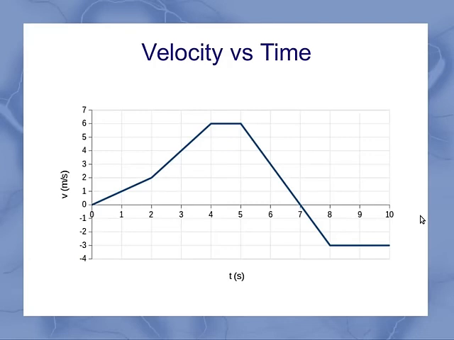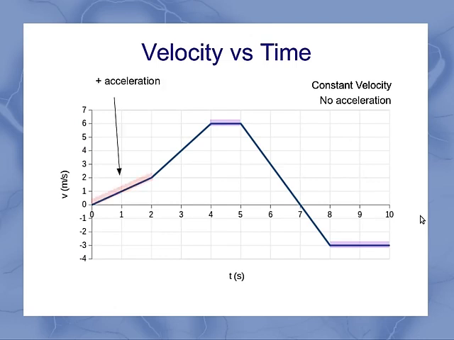The other things we can learn from our velocity versus time graph is what's happening during these particular segments. Now, in these flat segments, it's not constant position anymore. Now it's constant velocity. And that means I've got no acceleration during those time periods. If I've got a positive acceleration, that's a section where I've got a line sloping upwards.